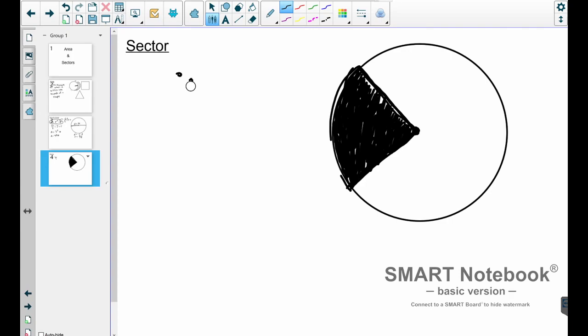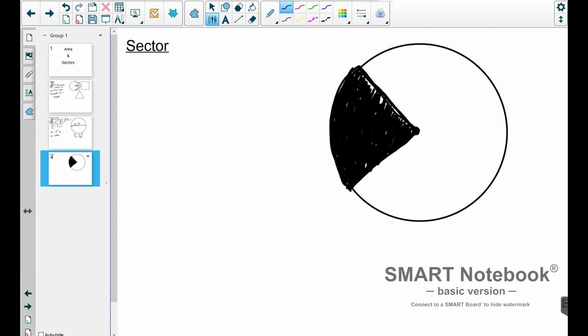And let's think about it. Remember when we did minor arcs and major arcs, one way we could find a major arc was by saying, well, if I have the minor arc, I know that the whole circle is 360 degrees. So if I need the major and I have the minor, I can subtract the minor from 360 degrees and we get the major. Well, this is very similar, except with area.